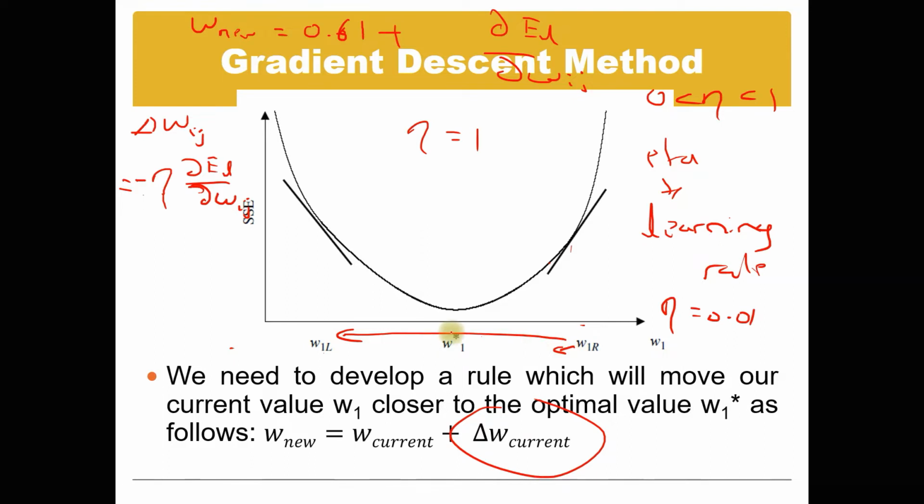It will move on the left, yes, but it won't move that much, it will move slowly and slowly to the left. If you put it as 0.9, it will move very fast to the left. And when it moves very fast to the left, it will overshoot the optimal solution, which is not a good idea.